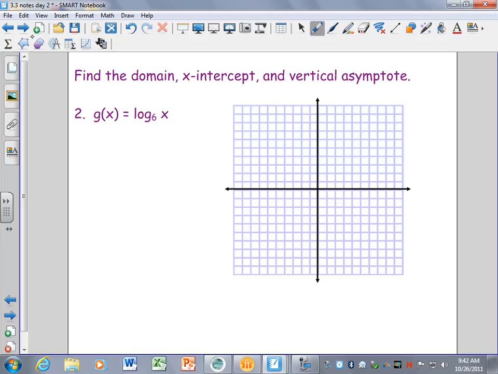We're going to find the domain of this, we're going to find the x-intercept, and we're going to find the vertical asymptote. Every logarithmic function will have a vertical asymptote, just like every exponential function will have a horizontal asymptote.